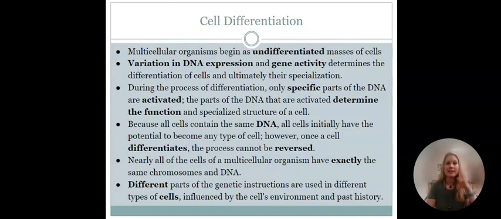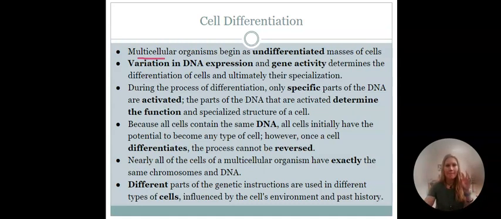All right, so cell differentiation. This is where we're talking about where all these different types of cells actually come from, okay? When you're thinking about multicellular organisms like humans, we have a lot of different types of cells. Lung cells, liver cells, heart cells, skin cells, right?